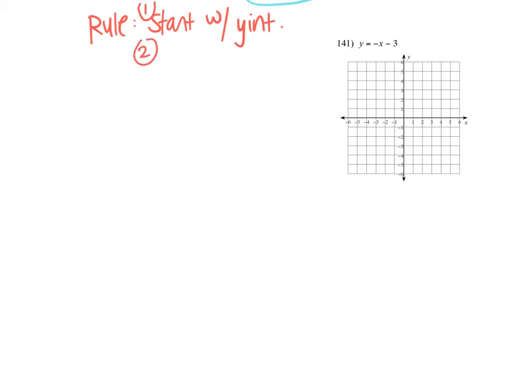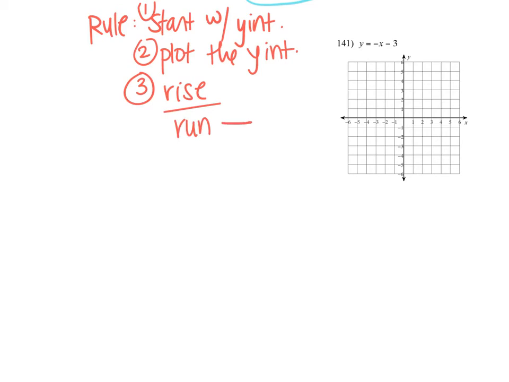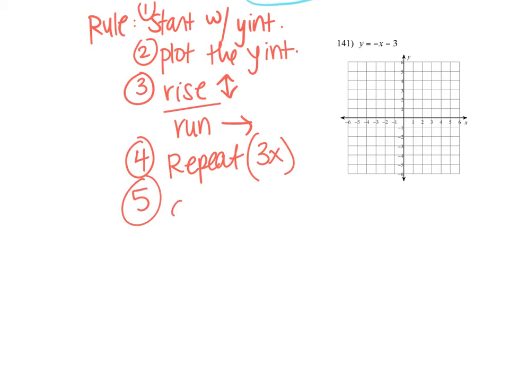And then you're going to plot that. And then you're going to rise over run. Remember, you're running only to the right, but you're rising up or down. And then number 4, repeat 3 times. And then number 5, draw your line.